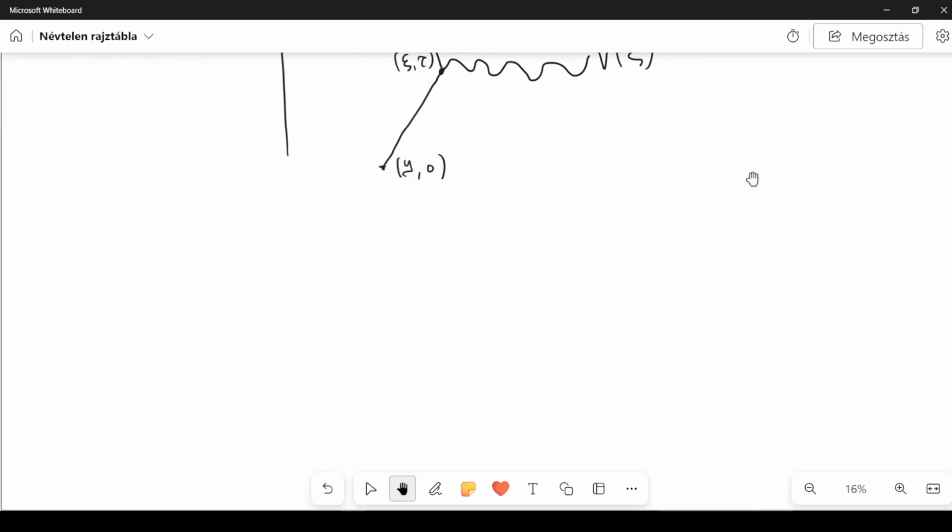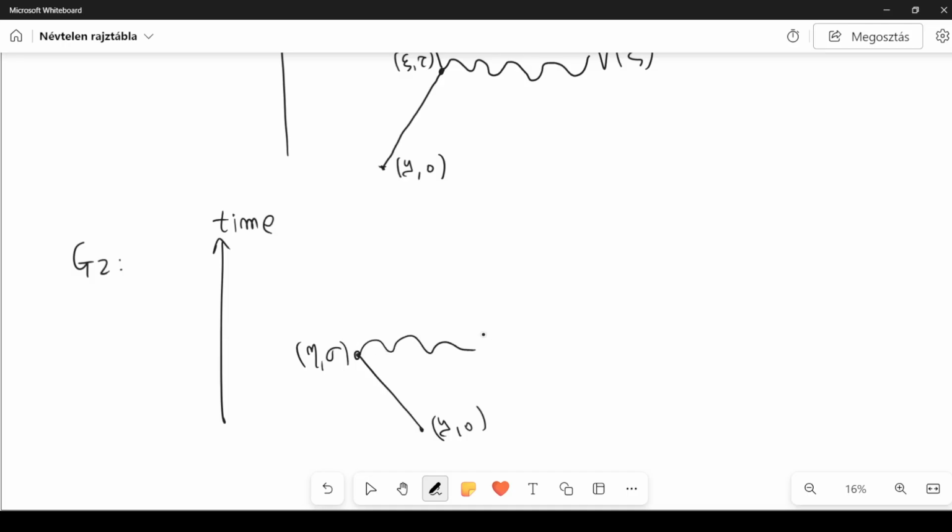But similarly, you can represent a pictorial graph for G2. Here, if you have the arrow of time, so we are moving forward in time here, we start at the point y, 0, then we propagate freely until we reach the point, let's say, eta, sigma, where we have the interaction with the potential V at the space point, let's say, eta.